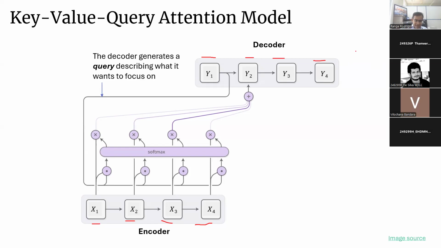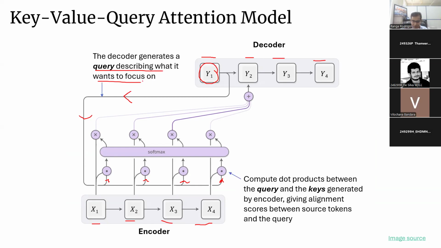You can see this arrow, this line goes like that. So after generating this word y1, it generates a query describing what it wants to focus on through this line.